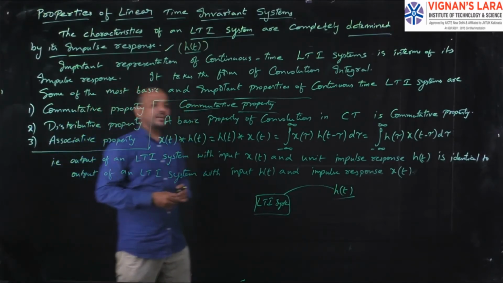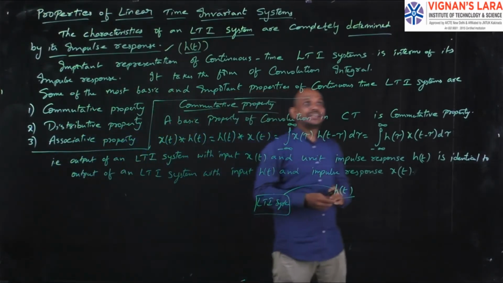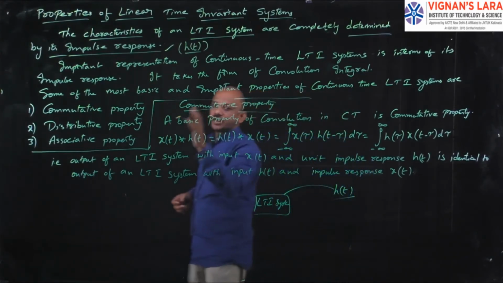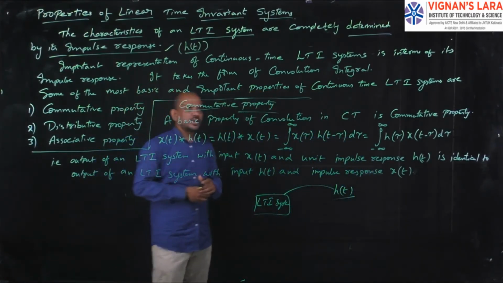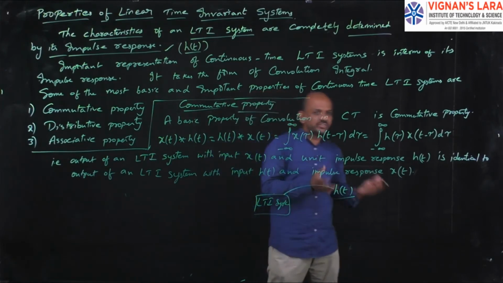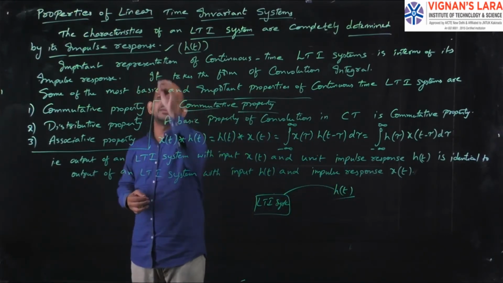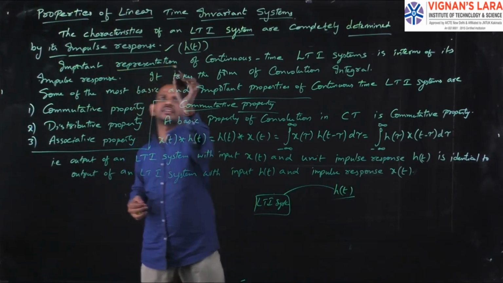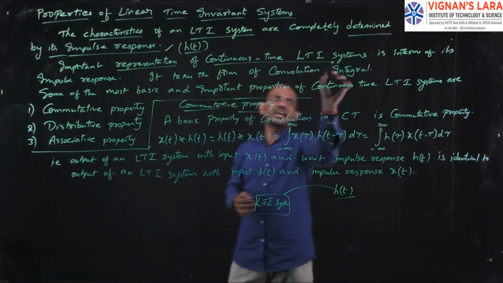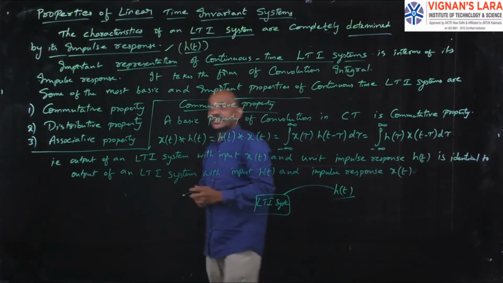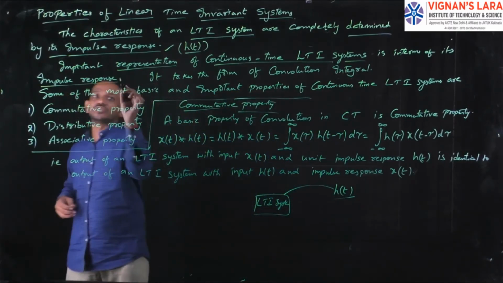The important representation of continuous time LTI system: we can represent continuous time LTI systems in many ways. One of the most important, an extremely important representation of continuous time LTI system is in terms of its impulse response.